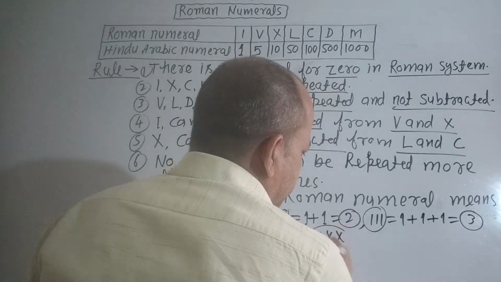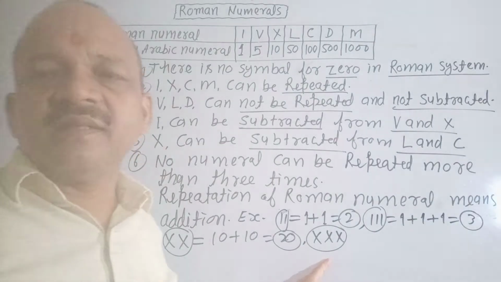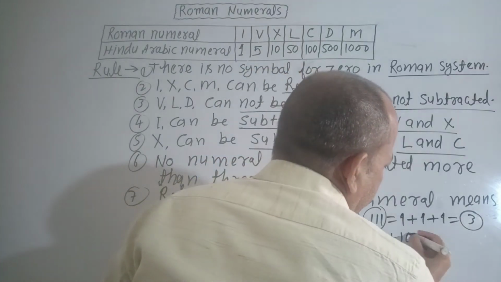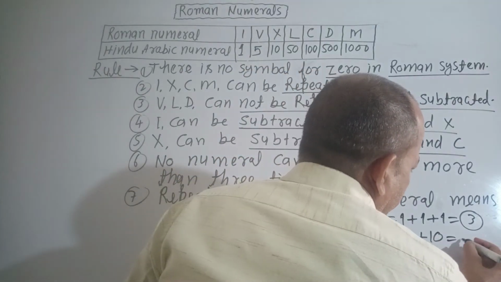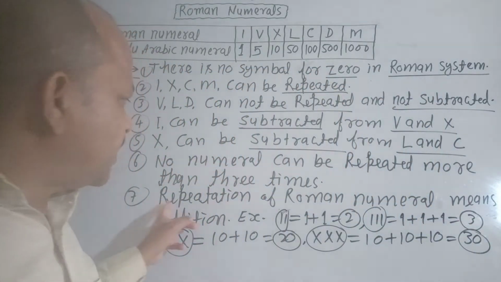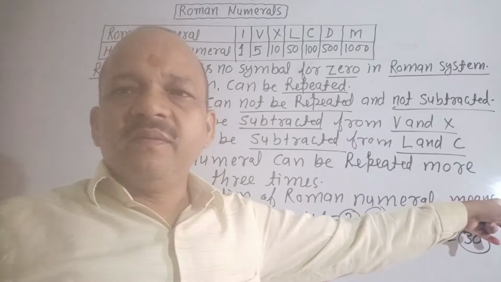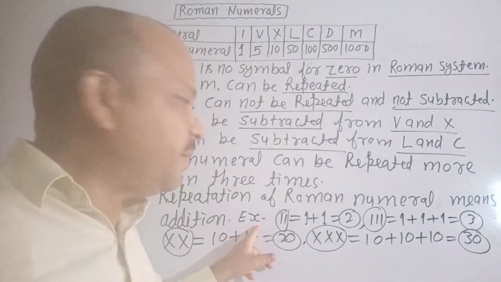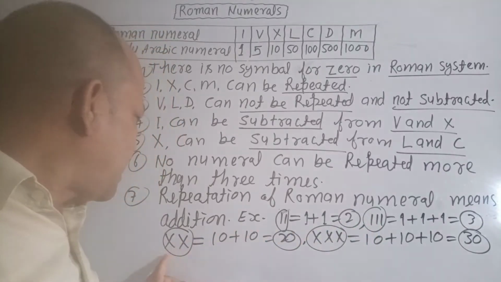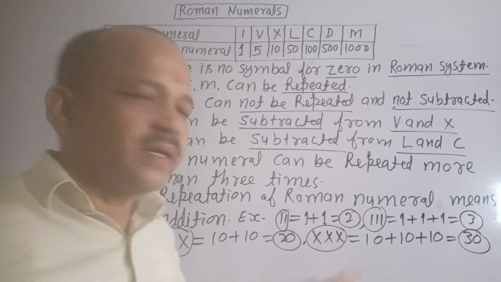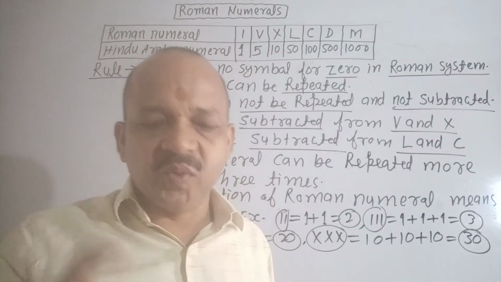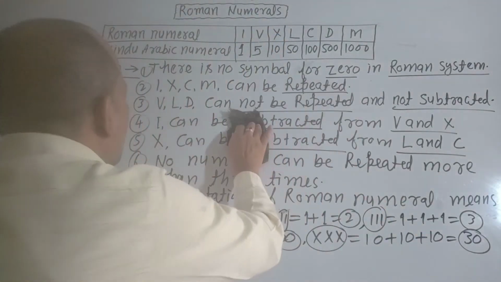Repetition of X 3 times means 10 plus 10 plus 10 equal to 30. It is clear. Repetition of Roman numeral means addition. It is clear. No confusion about it. Very good. Next rule.